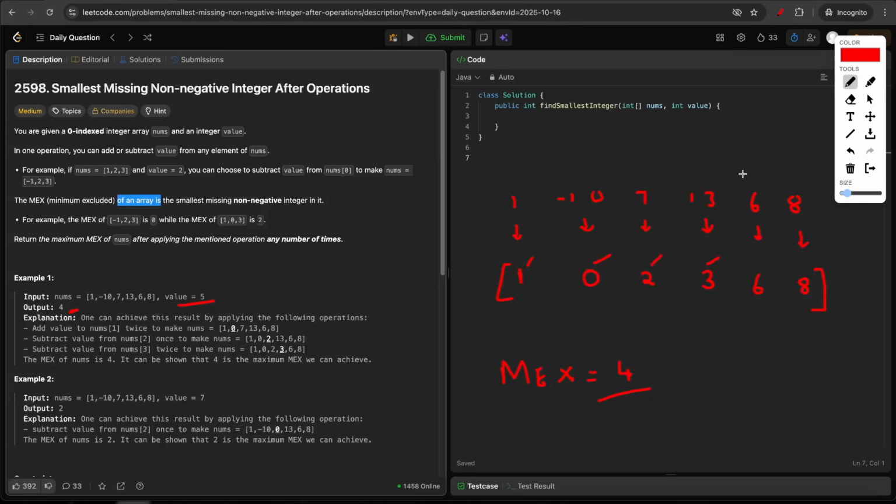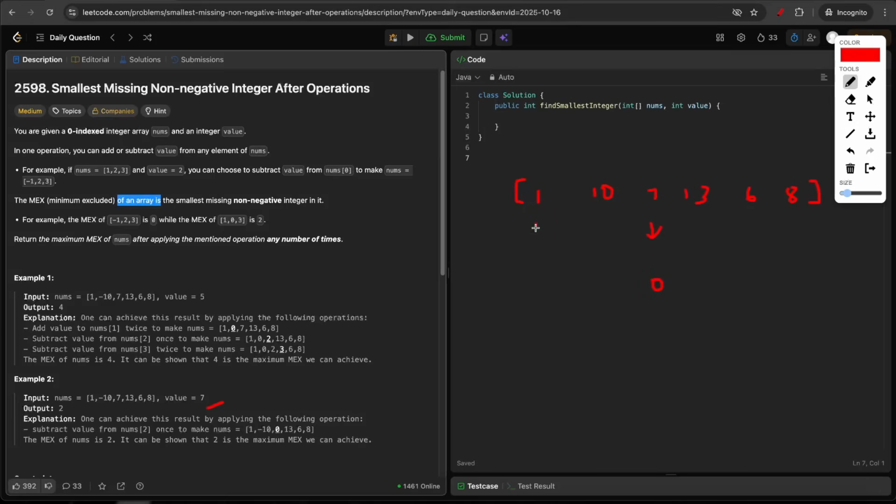The output is 4. Now if we quickly look at the second input, we have 1, -10, 7, 13, 6, 8. And here we have the value as 7. So in the first operation, we can reduce this 7 to 0.